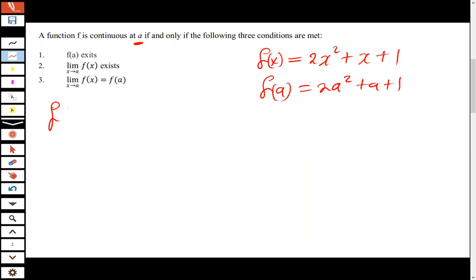In this case, this A we're using is just standing for any number, any constant. They can give you 2, 3, 4, any number.